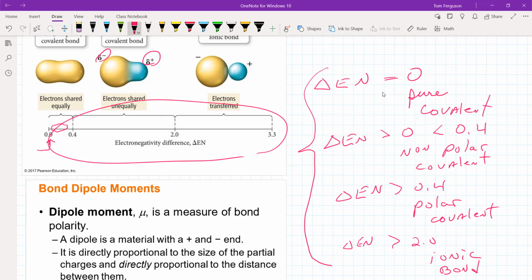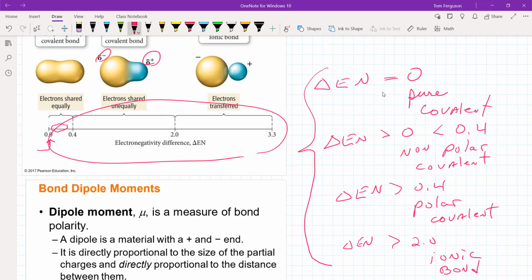Now, whenever you have this imbalance of charge, that's considered a dipole. Di meaning two, pole meaning polarity. Dipoles are important when we're talking about the overall polarity of a molecule. Dipoles also are vectors. Who's heard of vectors?